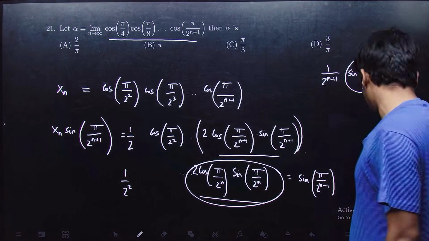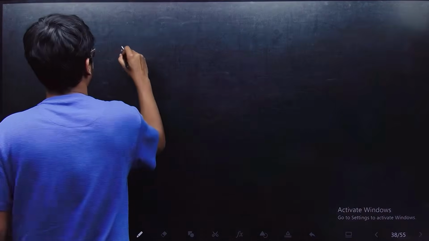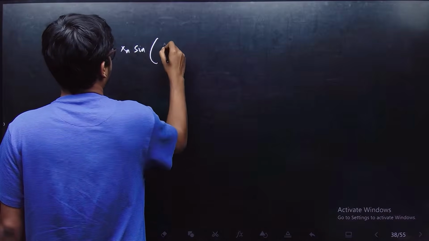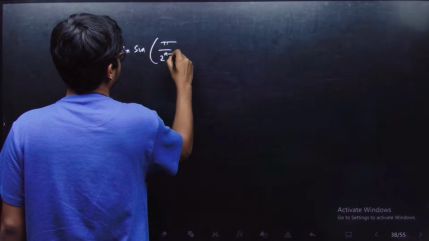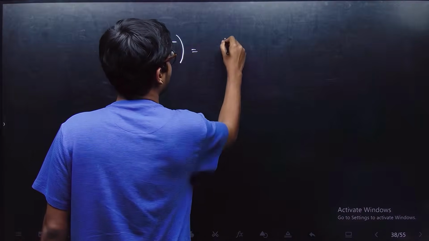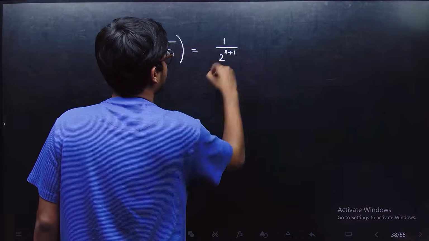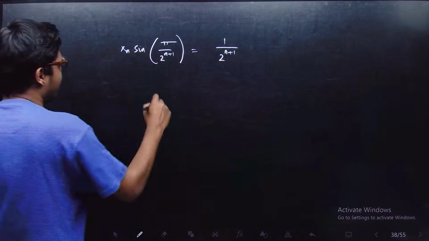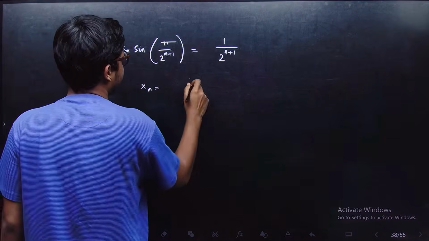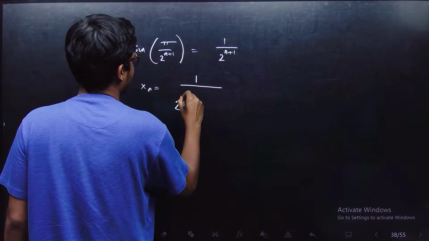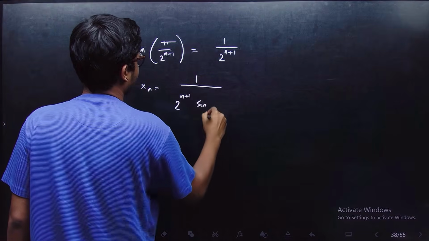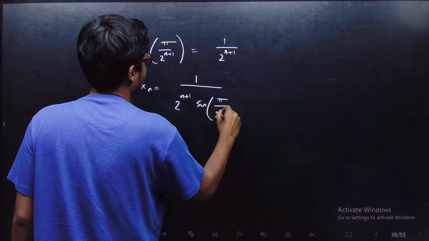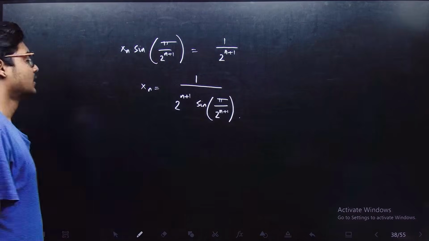So I can say that xn times sine of pi by 2 power n plus 1 is nothing but 1 by 2 power n plus 1, which means xn is nothing but 1 by 2 power n plus 1 divided by sine of pi by 2 power n plus 1.